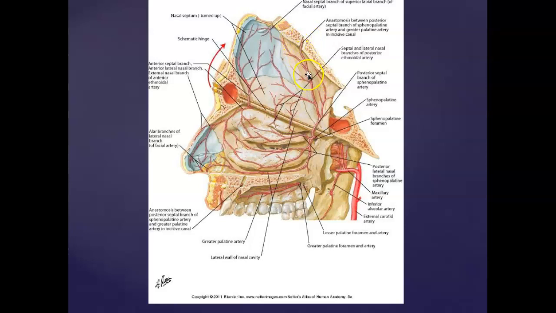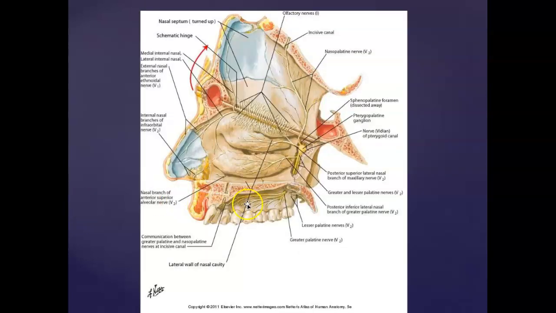And then the arteries here come down and supply some of the palate, but then that greater palatine artery, as well as the nerve, are going to come in through that incisive canal and supply some of the septum here. So I don't know why there's that little bit of overlap between the two. Here you can see the greater palatine nerve coming up and supplying some of the septal branches here, but well, it's the way that it is. There's a little overlap in the septum, apparently, from a nervous and arterial supply.